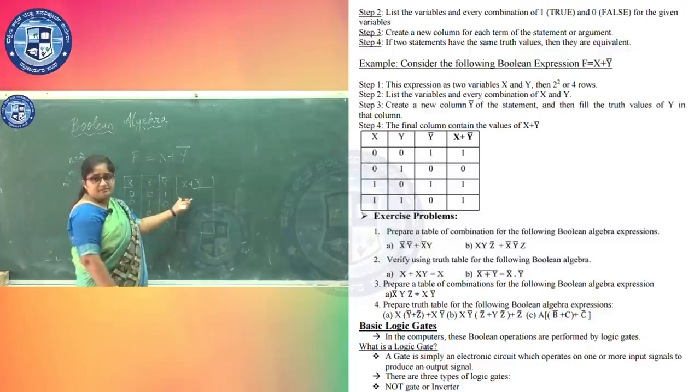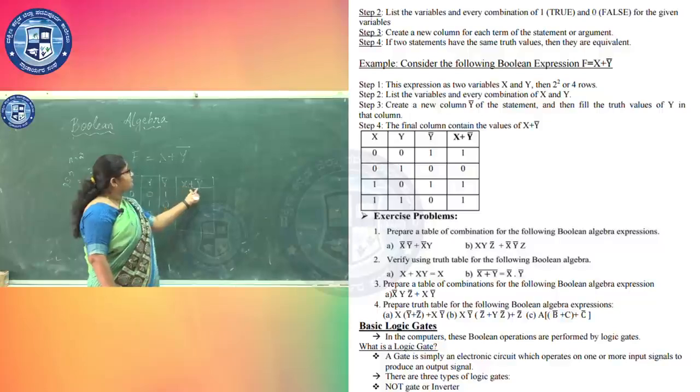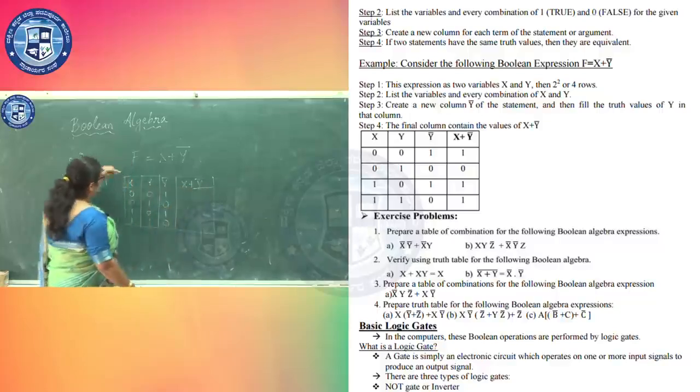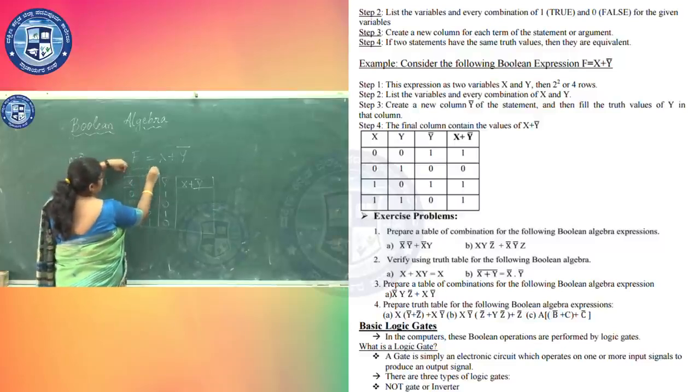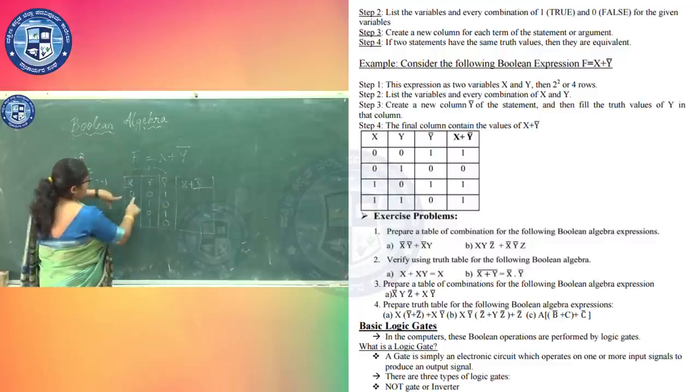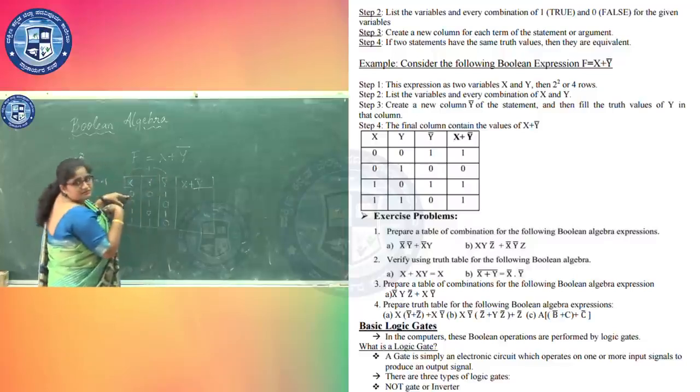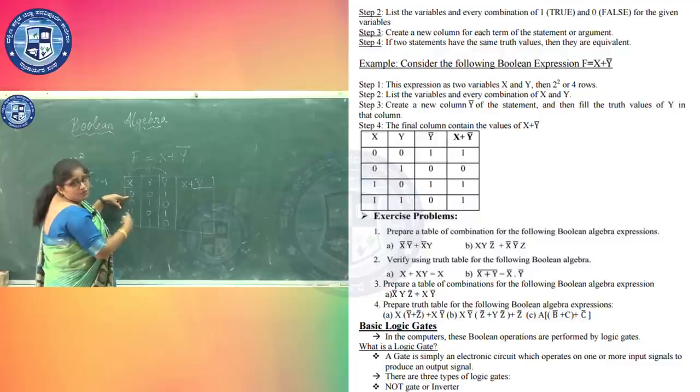So the next part of the expression, x plus y dash, that is x or y dash. We have to consider this column and this one, this or this. 0 or 1 means what?